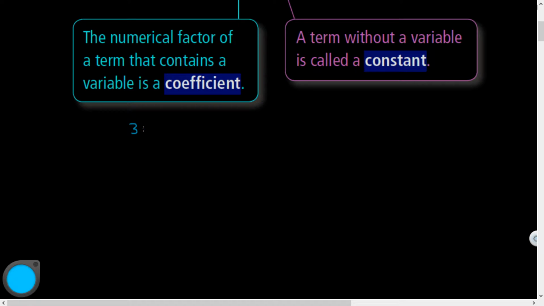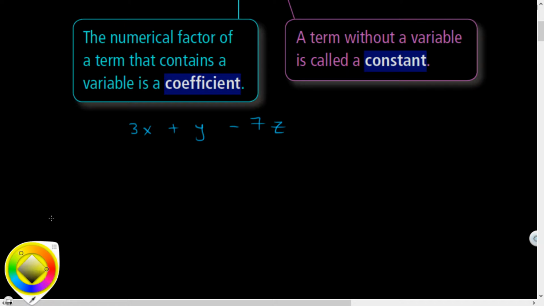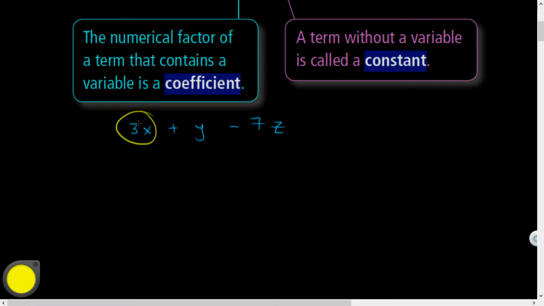If I have another expression, 3x plus y minus 7z. If I want to talk about the coefficients, the coefficient of the 3x term, Devin, is the 3. What do you guys think the coefficient of this y is? 1.